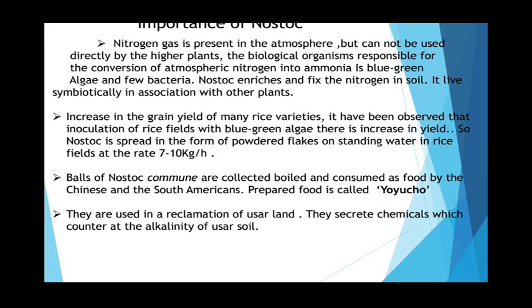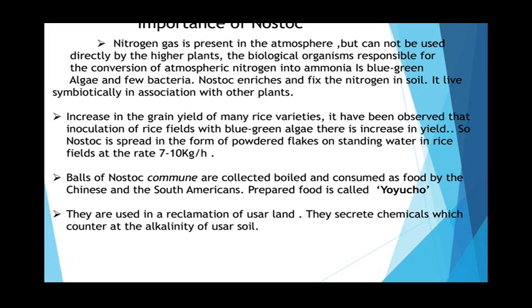Now I'll talk about the importance of Nostoc. Basically, nitrogen gas is present in the atmosphere but cannot be used directly by the higher plants. The biological organisms responsible for the conversion of atmospheric nitrogen into ammonia are blue-green algae and a few bacteria, which help in fixing the nitrogen in the soil.